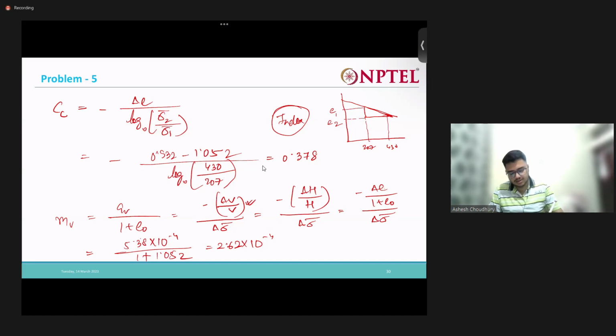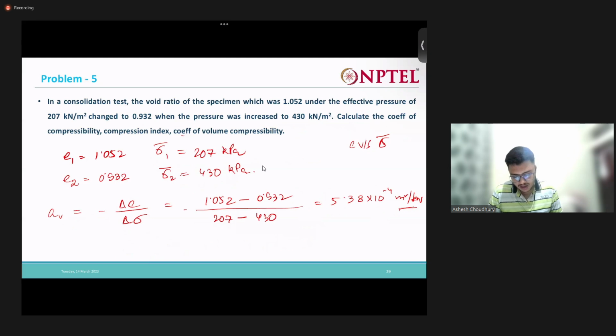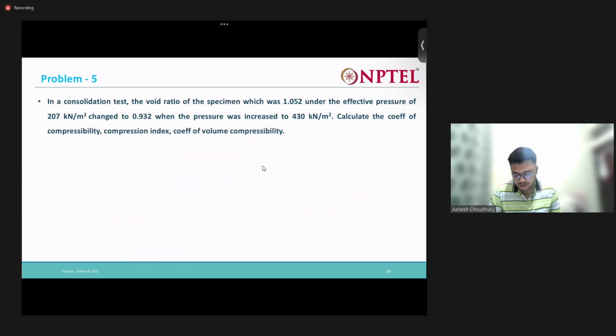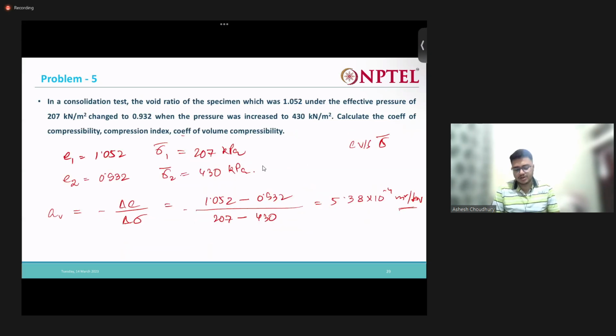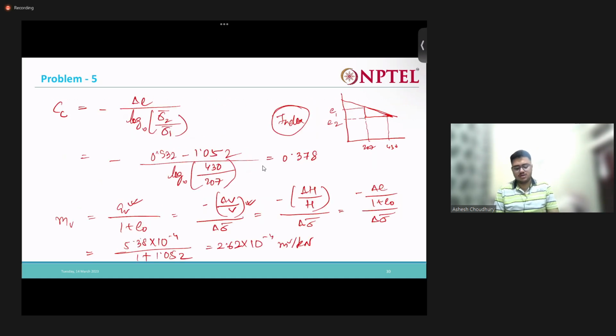What is the unit? Per kilonewton per meter square. This is the same as the unit of my av, right? e naught doesn't have any unit, so it will be the same as the unit of av. Okay, so we calculated all the three requested parameters, which were the coefficient of compressibility, compression index, and the coefficient of volume compressibility.